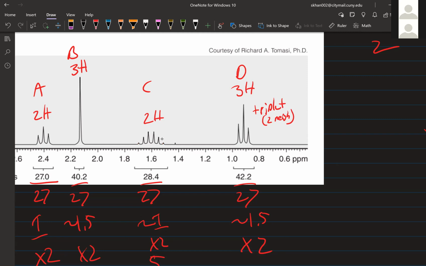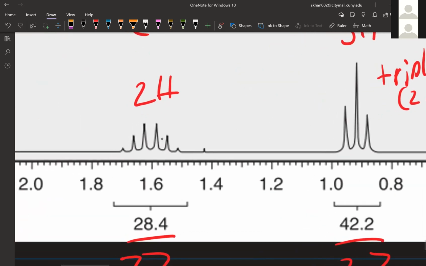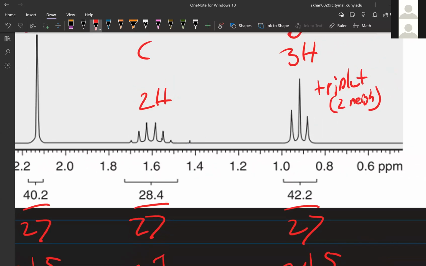But actually, hold up, I'm looking at it. No, that's part of the spectra. Sorry, ignore what I said. So what kind of multiplet is this? Just count all of these. Those are not satellites.